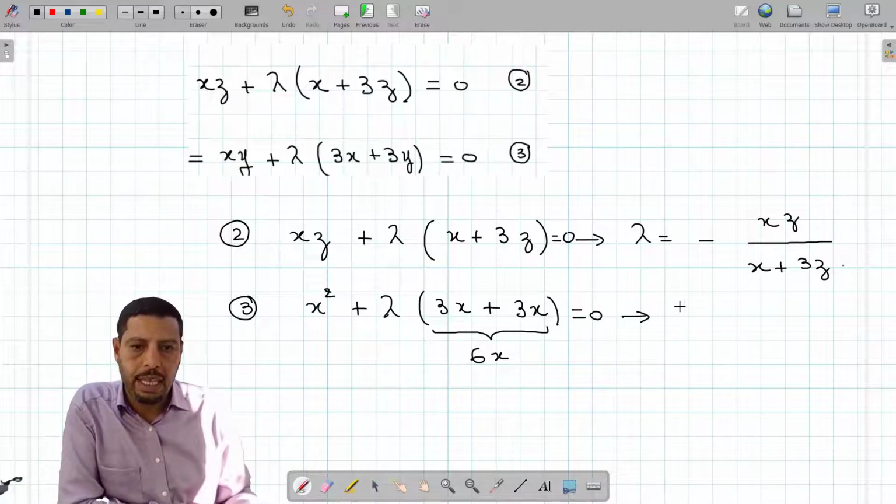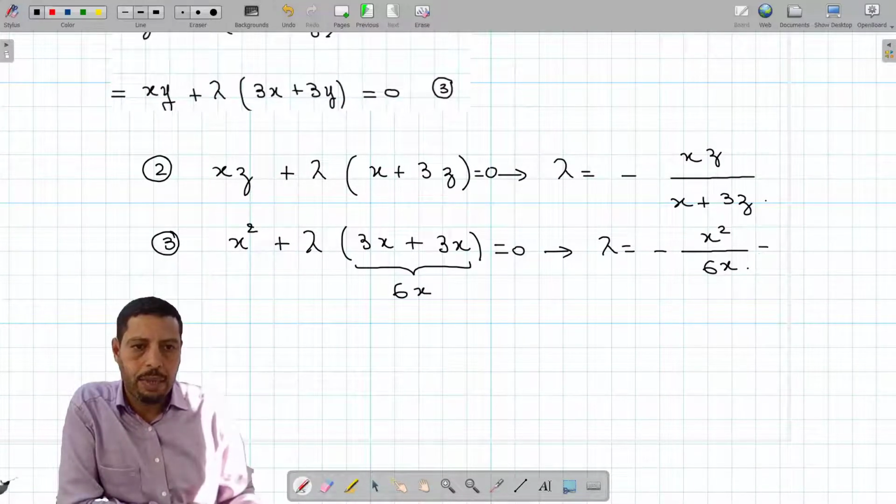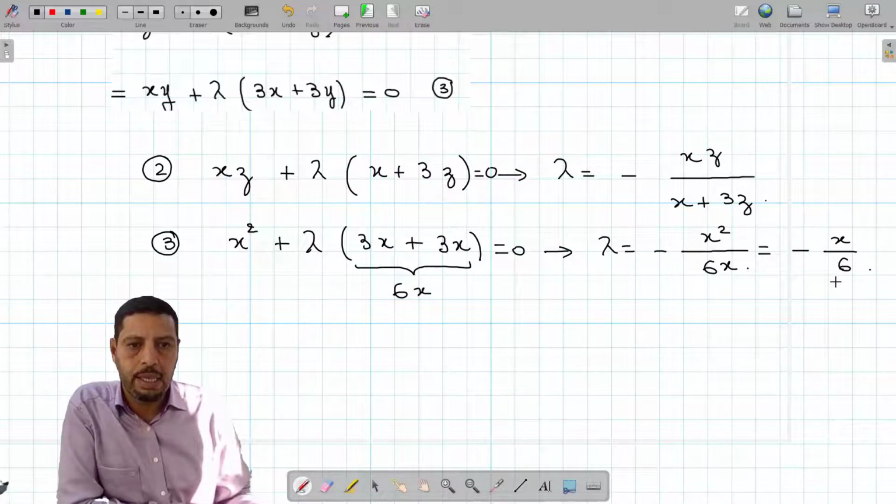So you conclude here that lambda is equal to negative x squared over 6x, okay, which means that lambda equals negative x over 6, okay. Now you have lambda here and here, you can write the equality between the two quantities, okay.